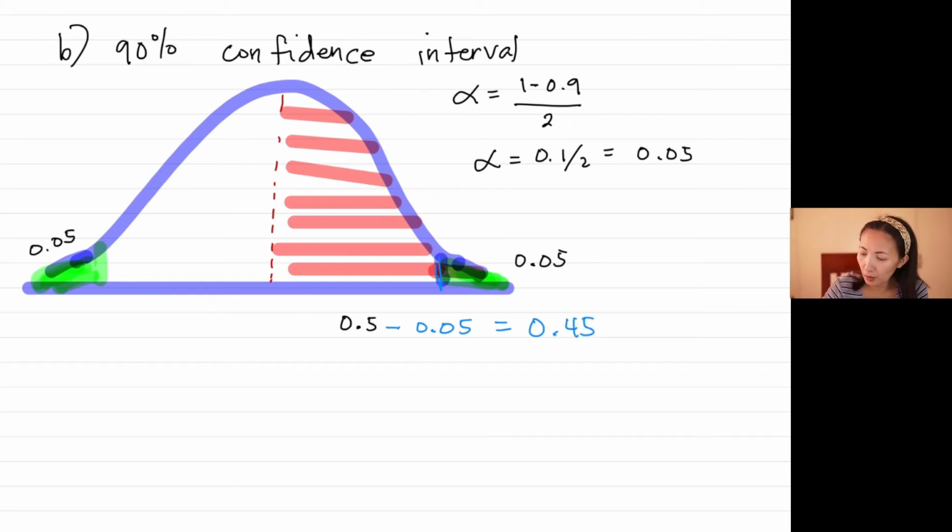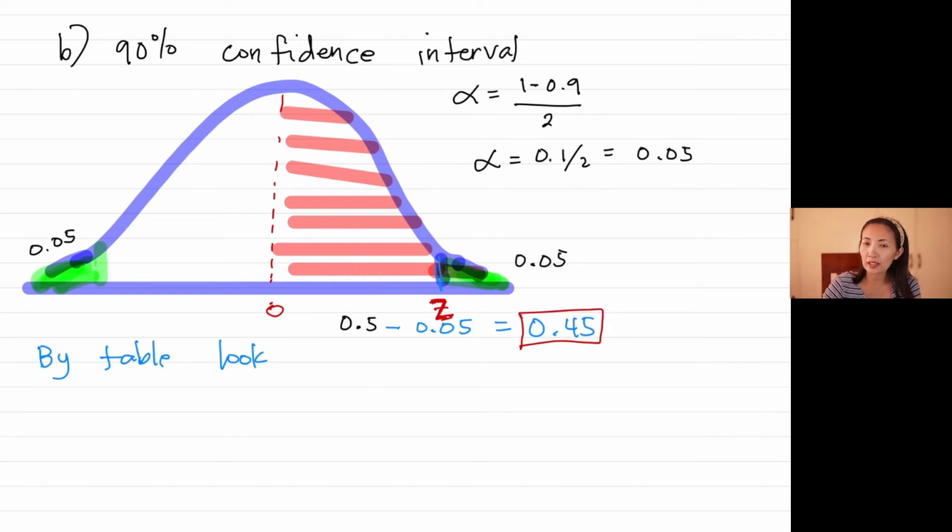By table lookup, we will identify the z value corresponding to 0.45, where the area from 0 to this z value is 0.45.